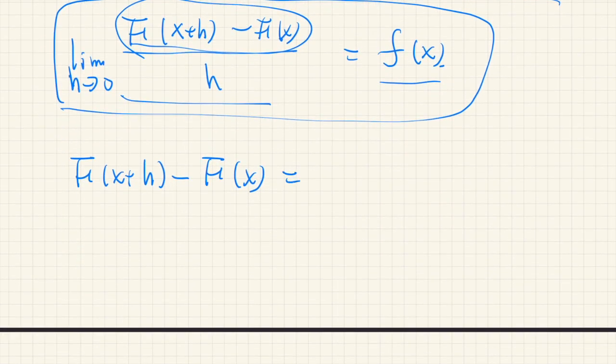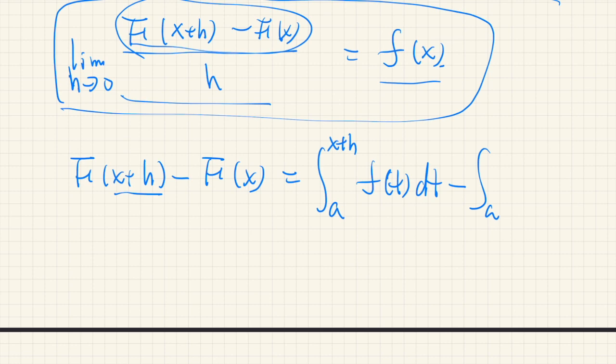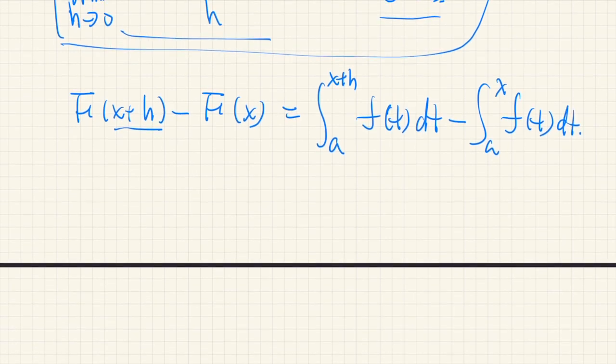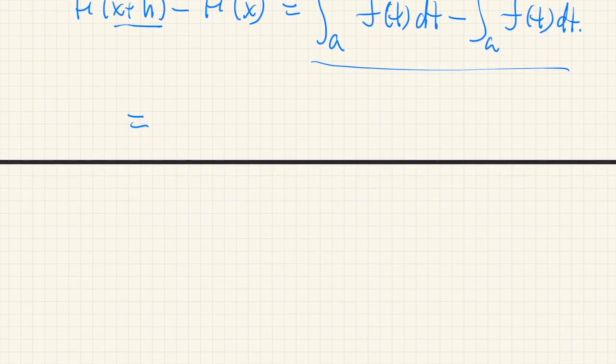So this, according to the definition, is equal to the integral from a to x plus h of f of t dt minus the integral from a to x of f of t dt. And using the property of integrals, this is equal to, let's see, okay, let's draw some picture here.